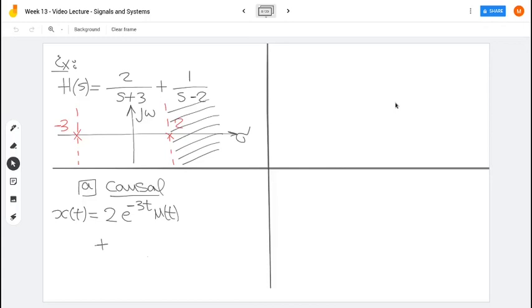For the pole located at 2, this ROC can be considered right-sided as well, so it will be e to the power 2t times u of t.